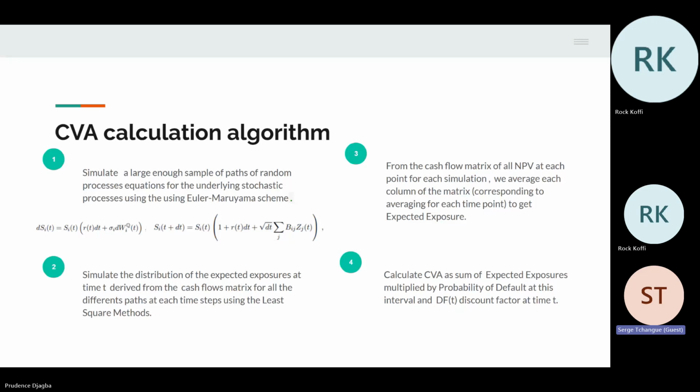For CVA capital, there's something called PFE, a counterparty risk calculation, which is very similar to the CVA, but it's not the expected value. It is a tail, a quantile value. People will use historical drift to simulate.